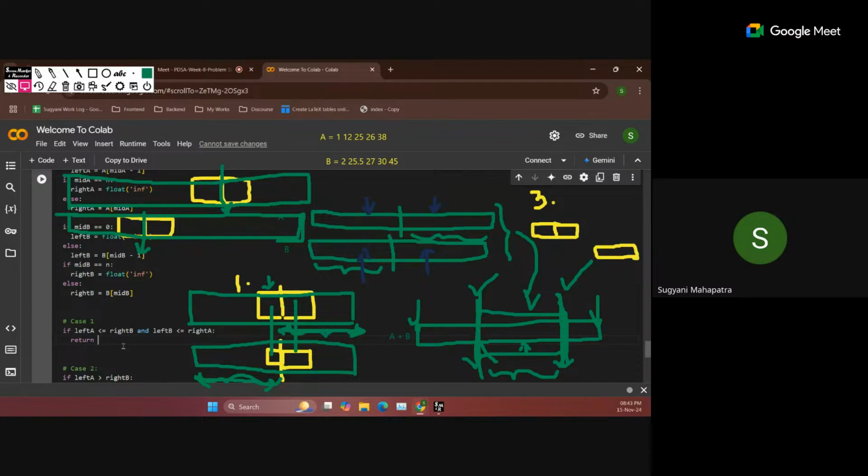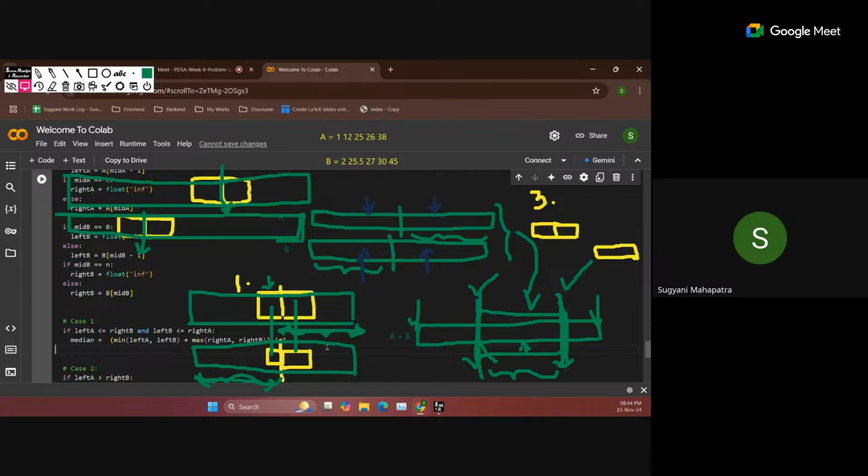The value at the left boundary of this range will be the minimum of left of A and left of B. And the value at the right boundary of the range will be the maximum of right of A and right of B. And the average of these two will actually be the median.